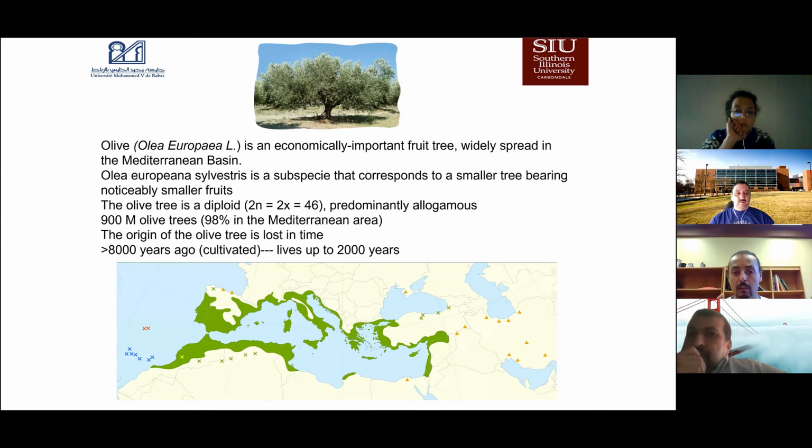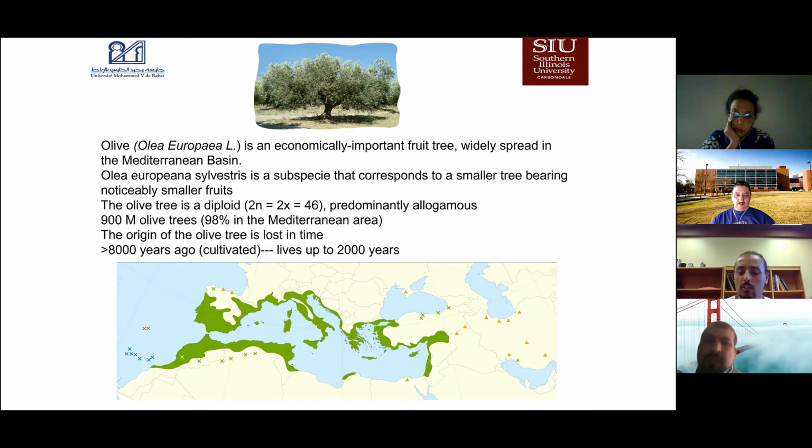The origin and the history of domestication of olive is, we say, lost in time, because a lot of people came up with hypotheses based on different studies, but it was mostly phenotyping, using the shape of the fruits or the shape of the leaves, or the colors.